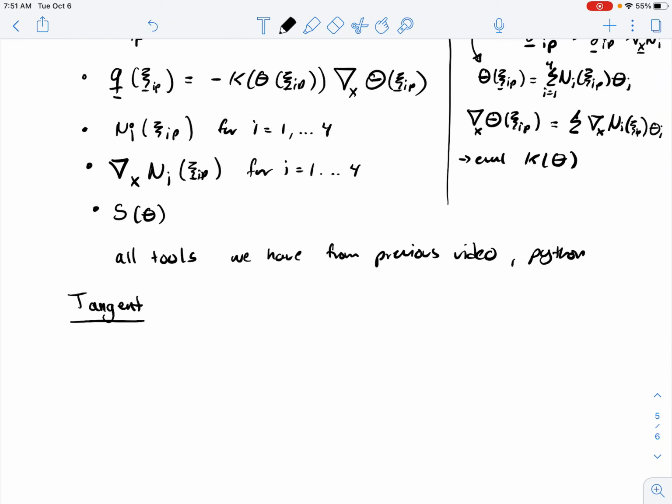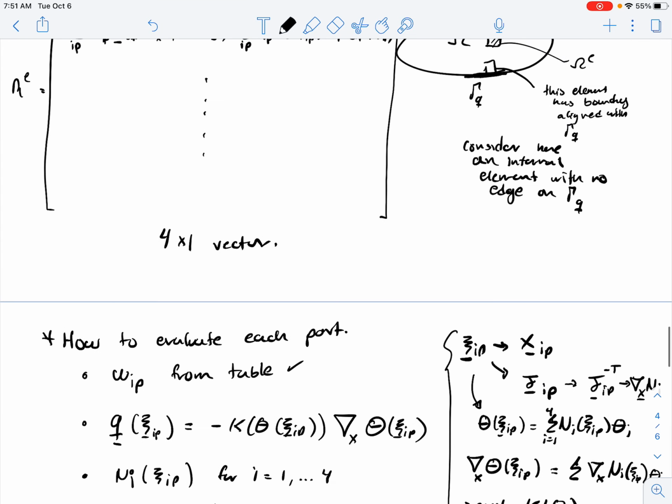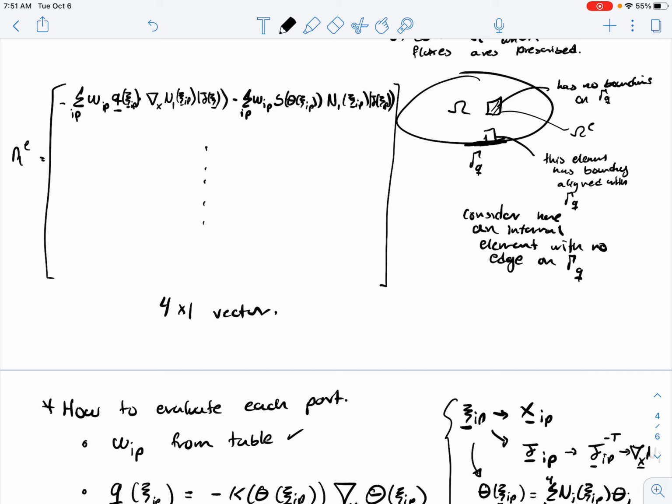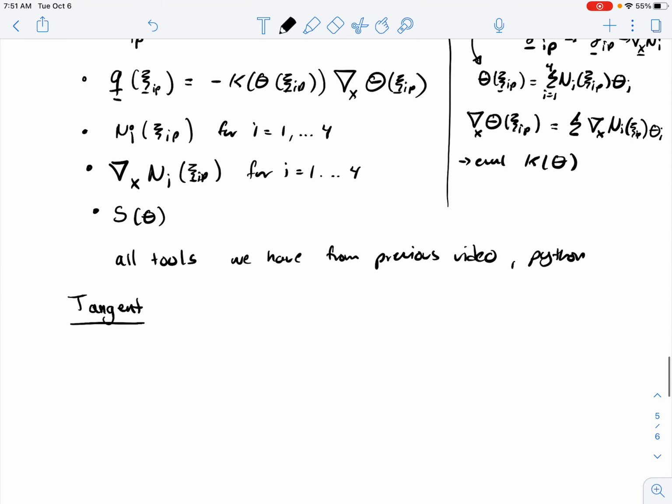Alright, and so for the last video of today, we'll do the linearization, so the tangent of that residual. So now we have this equation of the residual, and what we want is to linearize that residual.